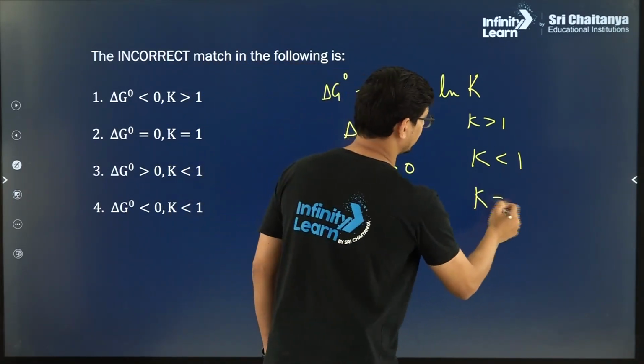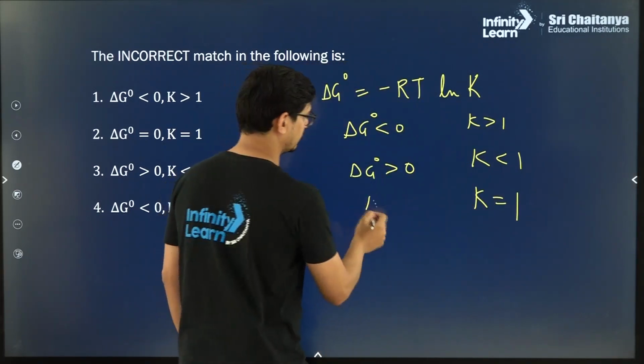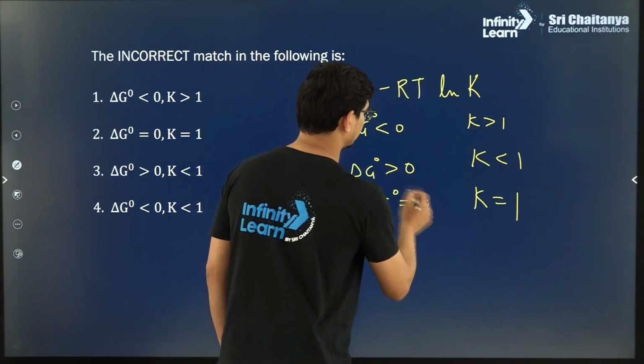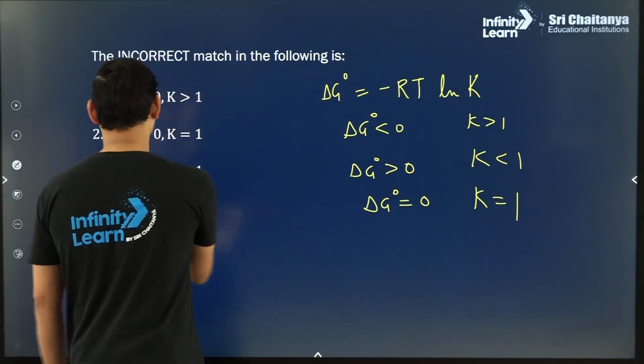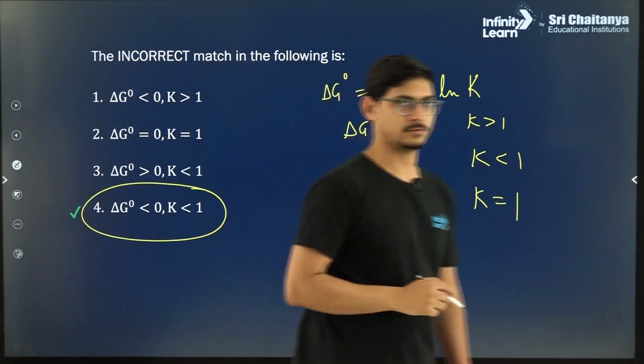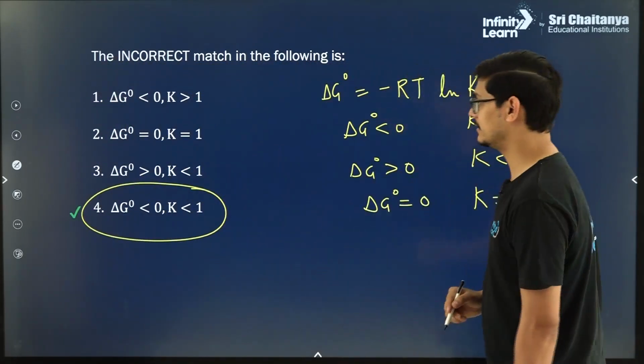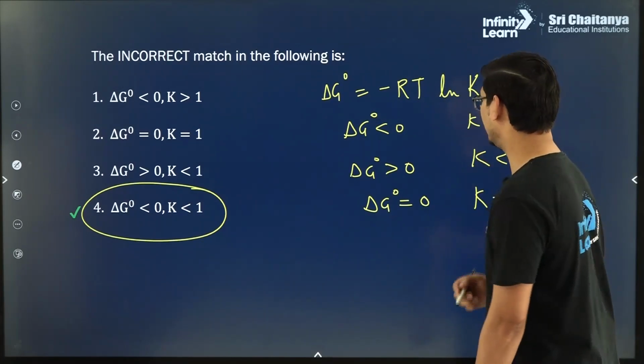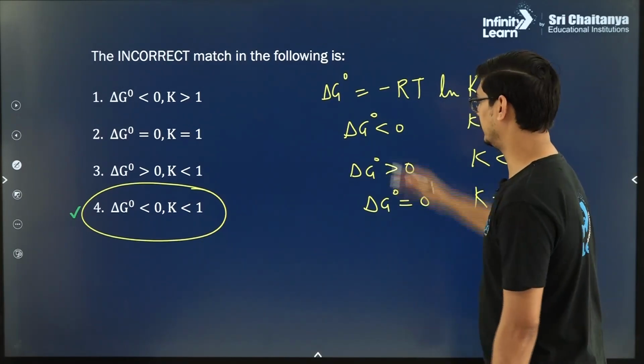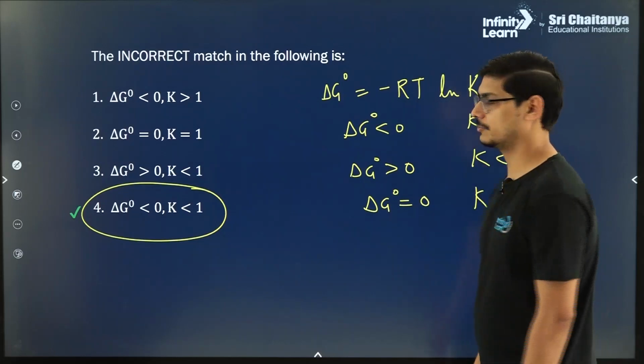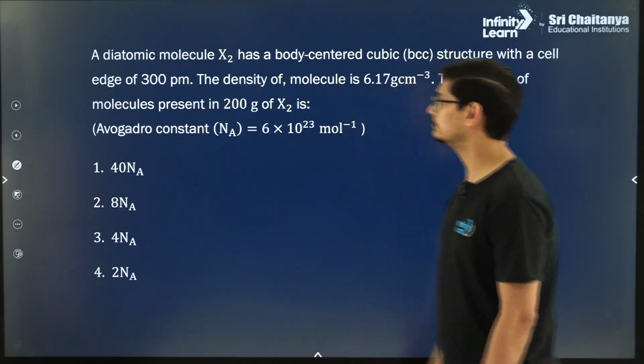If this number is 1, then log of 1 is 0, so ΔG° is equal to 0. So the only incorrect combination is option 4, because when ΔG° is less than 0, K has to be greater than 1. When Gibbs energy is negative, the equilibrium constant cannot be less than 1.